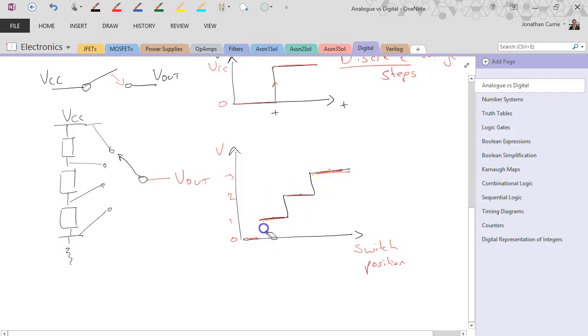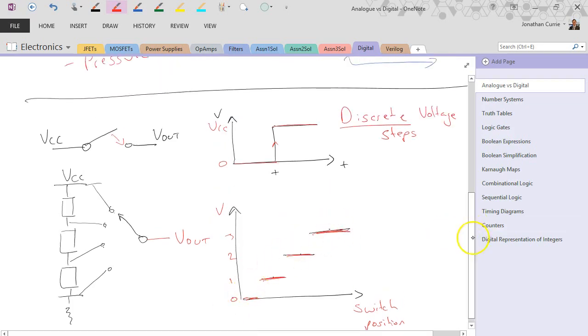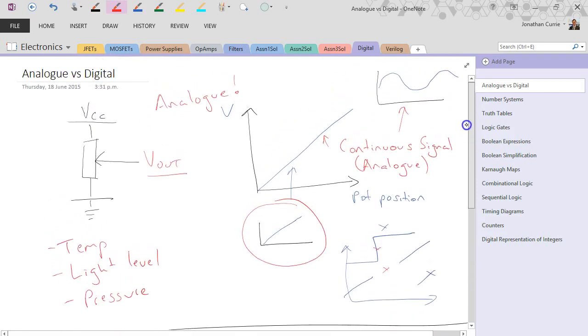In reality, that bit doesn't even exist. The line there doesn't even exist. They only look like that, hence you can see the discontinuity between them. So, analog, continuous signals, even if you zoom in on that little bit there, it would still be continuous.